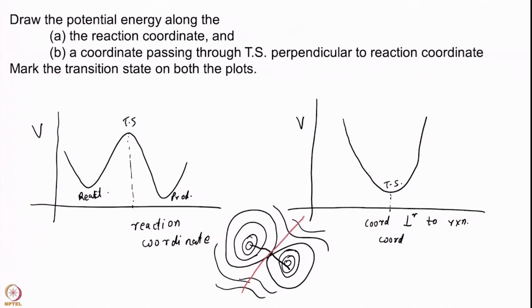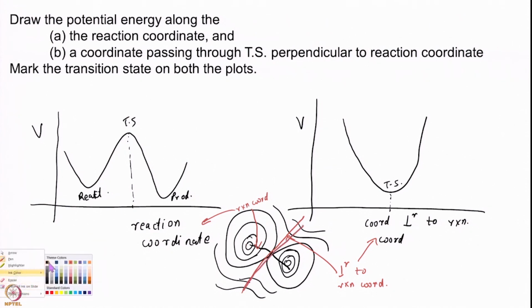This is a coordinate that is perpendicular to reaction coordinate. Okay. So, along the reaction coordinate you see a figure like this, along a direction perpendicular to reaction coordinate, if you are walking along this you will get something like this. Alright, get back to black color.